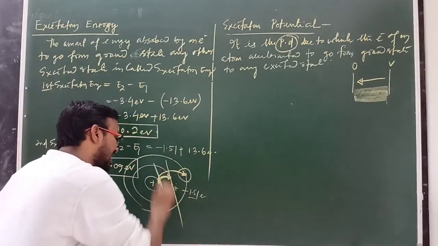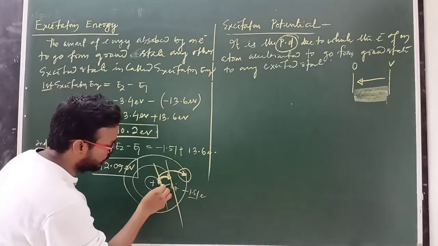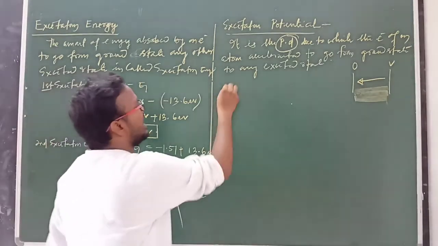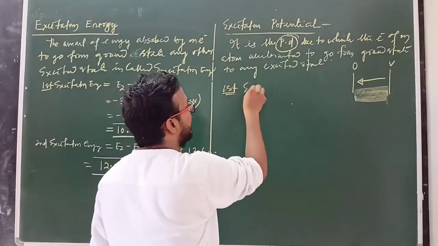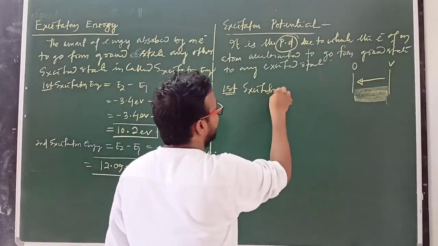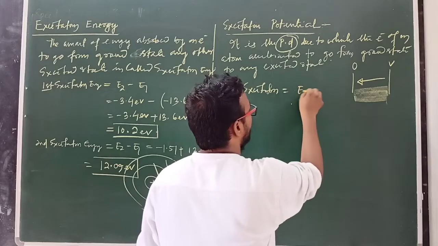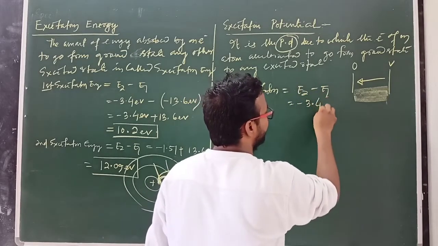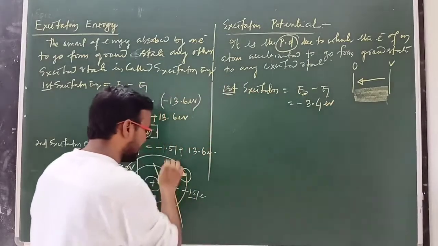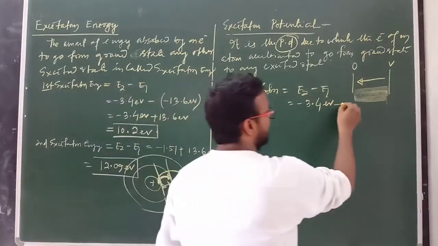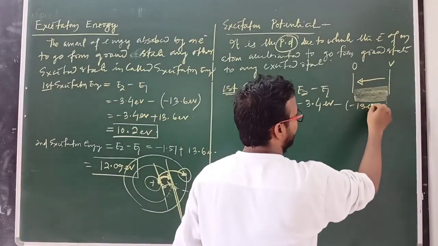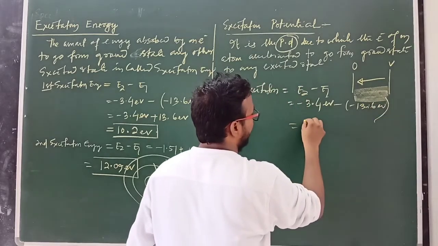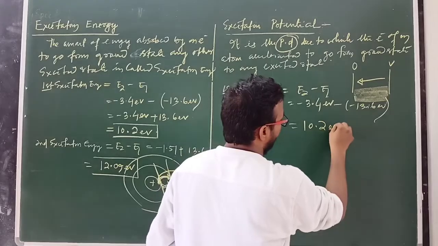So what is the potential difference between these two energy levels? The first excitation potential is E2 minus E1, the same thing: minus 3.4 electron volt, and the ground state potential, minus 13.6 electron volt, and if you solve, you will get 10.2 electron volt.